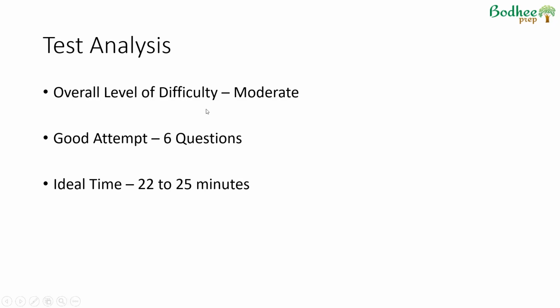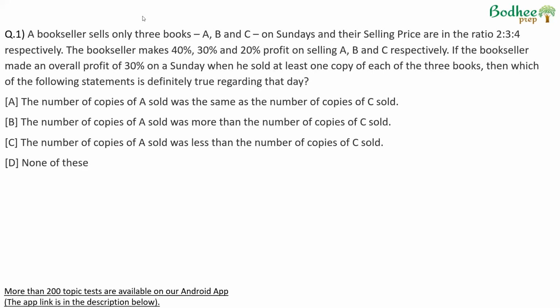If you look at the questions, question number 1 says: a bookseller sells only 3 books A, B, and C on Sundays, and their selling prices are in the ratio 2 is to 3 is to 4. So selling prices of A, B, C are 2x, 3x, and 4x respectively.